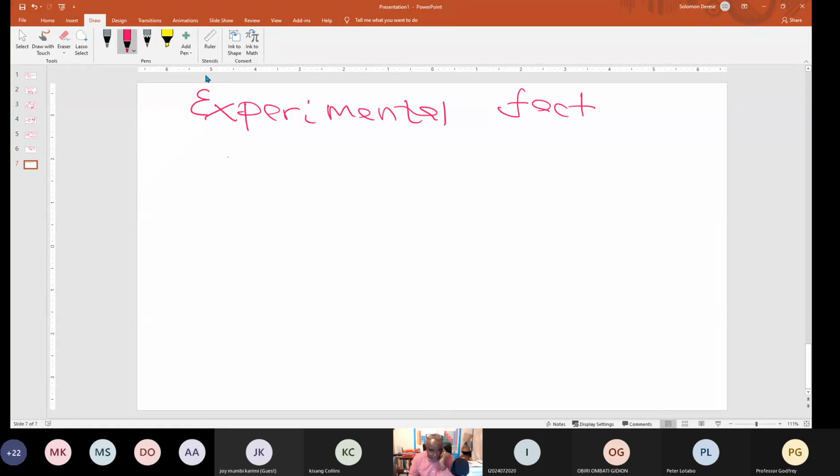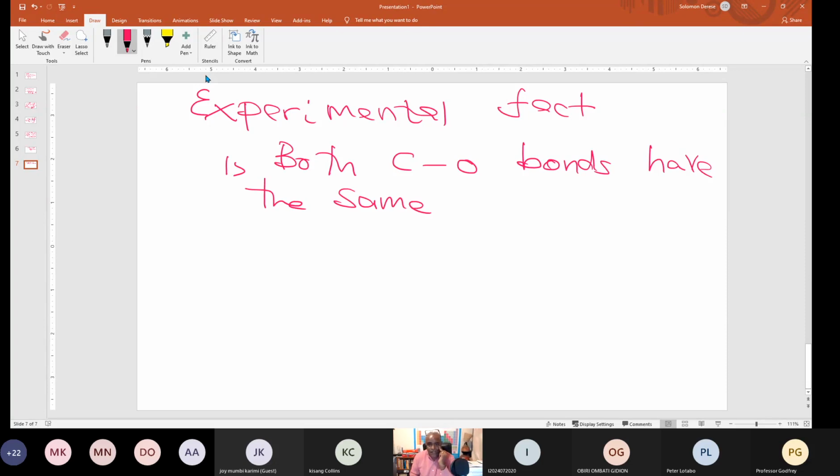Experimental fact tells us both carbon-oxygen bonds have the same length and strength. They are the same in terms of their length and also in terms of their strength, which is contrary to what the Lewis structure is telling us.